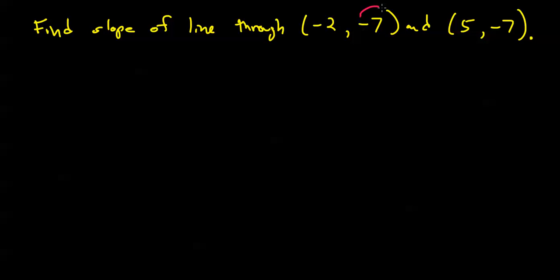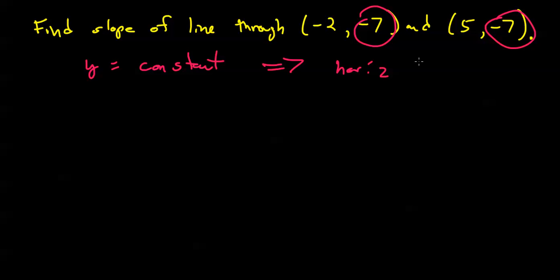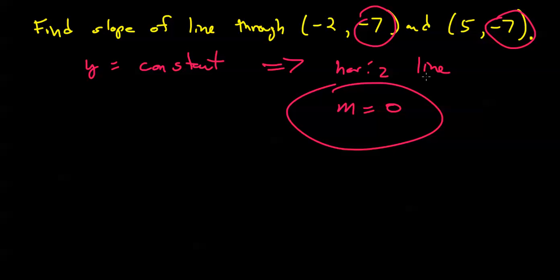The y-coordinate on both points is the same. What does that mean? Well, that means in these 2 points, y equals constant. And when y is constant between any 2 points on the line, you've got a horizontal line, right? Remember, y equals constant, horizontal line. And horizontal lines always have a slope of 0. So really no calculation needed there, just the observation that these 2 points have the same y-coordinate.